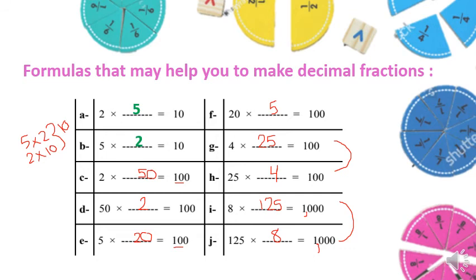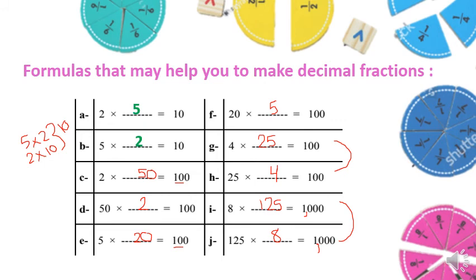So whenever you see in the denominator 2, you multiply it by 5. Whenever you see 5, you multiply it by 2. Whenever you see in the denominator 4, you multiply it by 25. And whenever you see 25, you multiply it by 4 to get 100. Whenever you see in the denominator 8, you multiply it by 125.